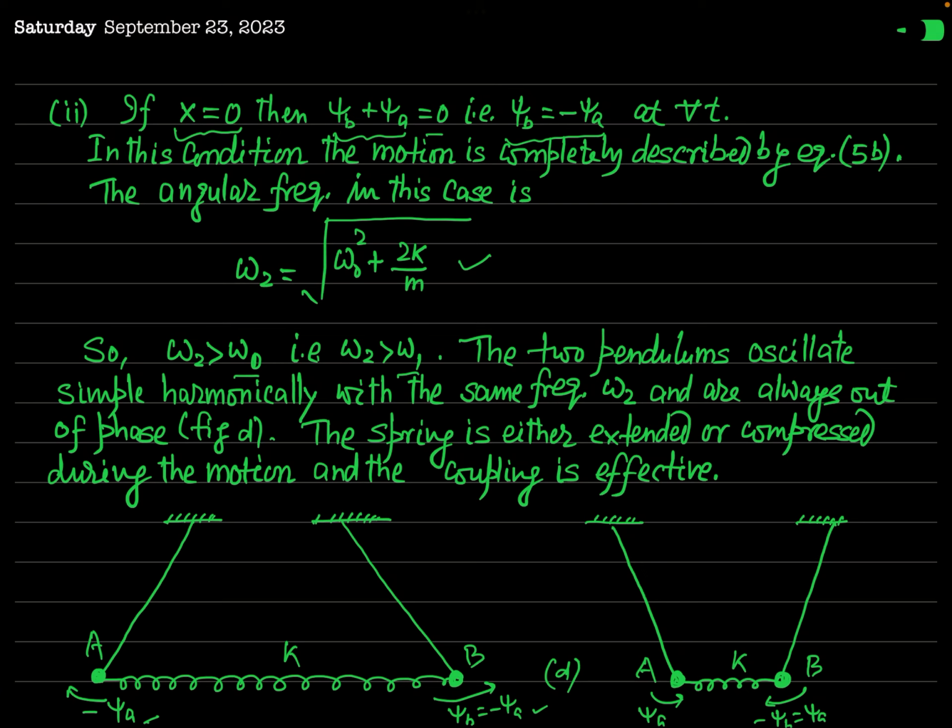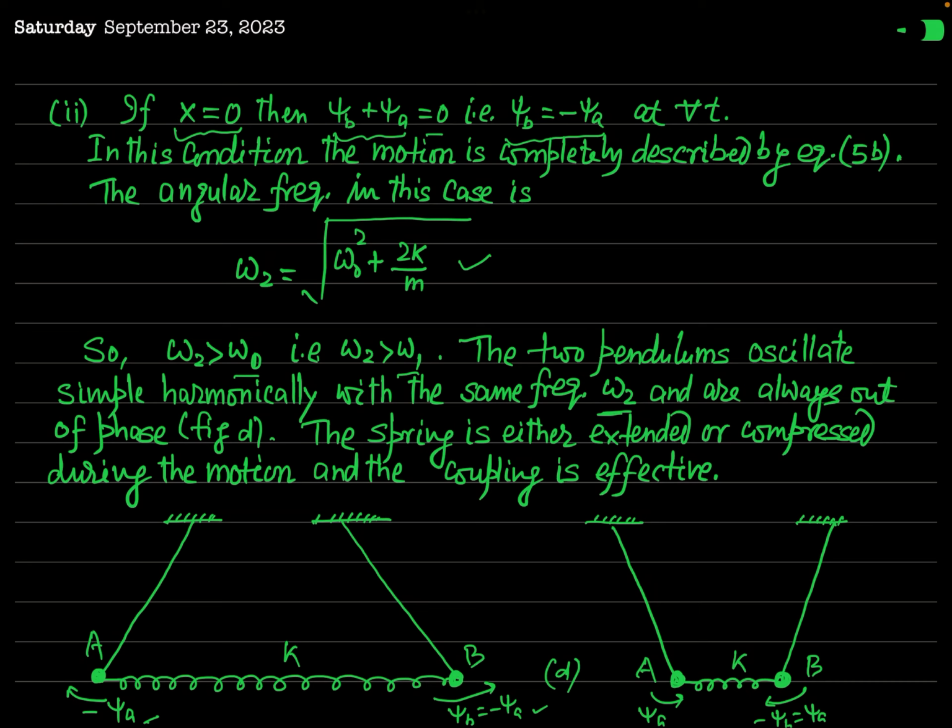In this condition, the two pendulums oscillate simple harmonically with the same frequency omega 2, and they are always out of phase, not in phase. In the first situation, when psi A was equal to psi B, both pendulums were in phase.